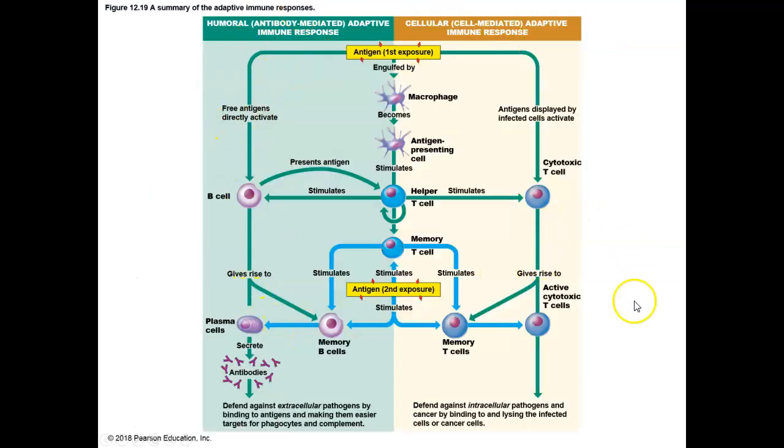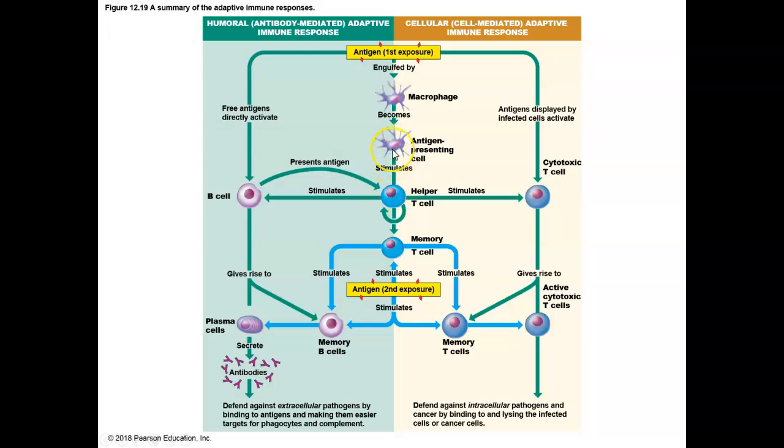And so this is a beautiful figure that shows both humoral and cell-mediated immune response. Here we have the first exposure to an antigen. In this case, we have a macrophage that engulfs the antigen. The antigen is then expressed by the antigen presenting cell, which is the macrophage.